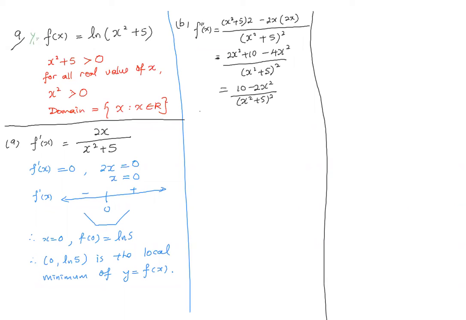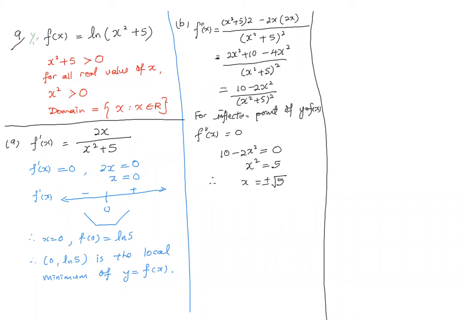So for inflection point of y equal to f(x), f double prime x must be equal to 0, which means 10 minus 2x squared equal to 0. So my x squared will be equal to 5. Therefore, my x is equal to plus or minus square root of 5. Do I need to draw the sign diagram?